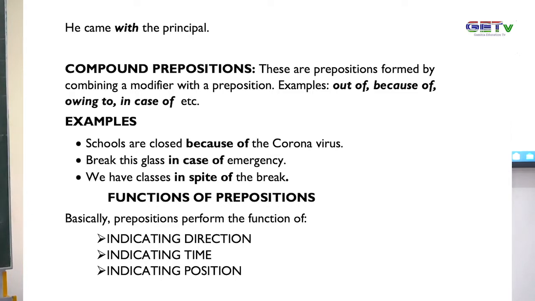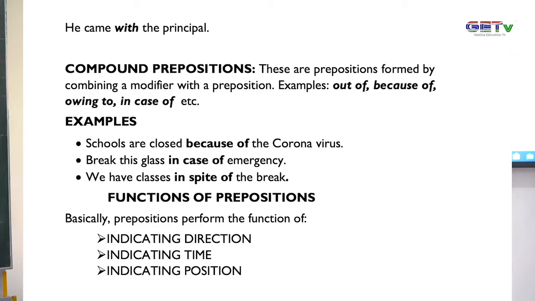One, schools are closed because of the coronavirus. When you look at this example, "because of" is a compound preposition here. Two, break this glass in case of emergency. You get the point. "In case of" also is a compound preposition. Three, we have classes in spite of the break. "In spite of" is also a compound preposition. By looking at these examples, they have one thing in common.